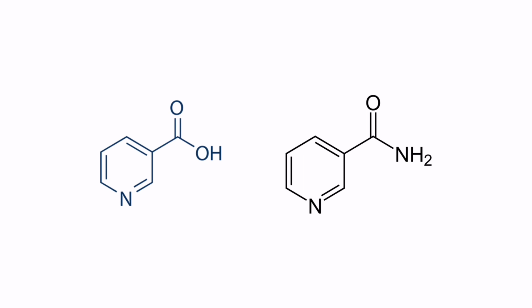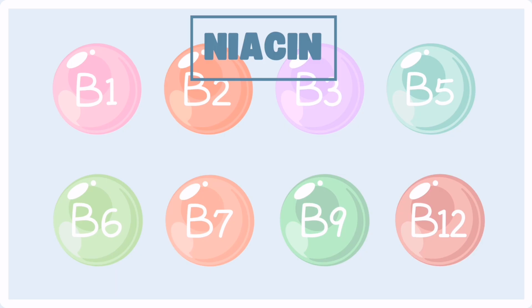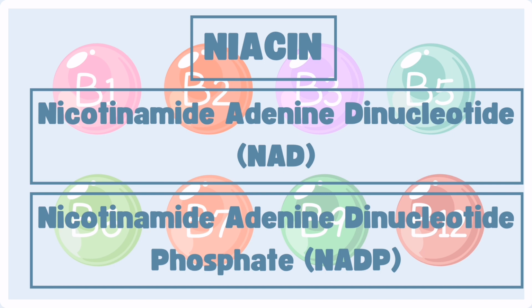Nicotinic acid and nicotinamide are the two most frequent types of niacin found in food and supplements. Niacin is a precursor of the coenzymes nicotinamide adenine dinucleotide (NAD) and nicotinamide adenine dinucleotide phosphate (NADP), both of which are important in redox processes. NAD participates in both lipolysis and fatty acid production.